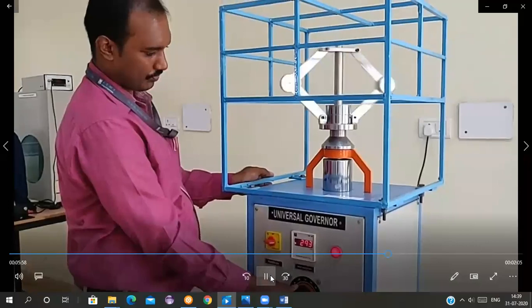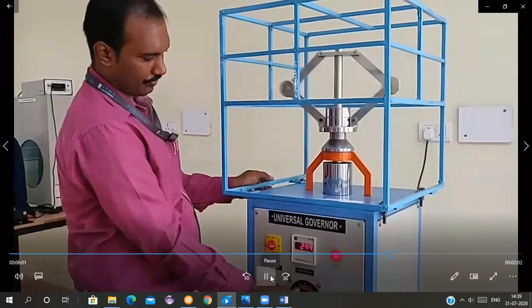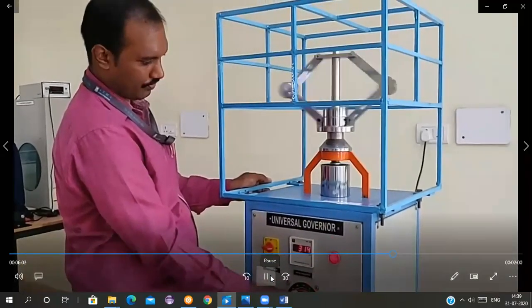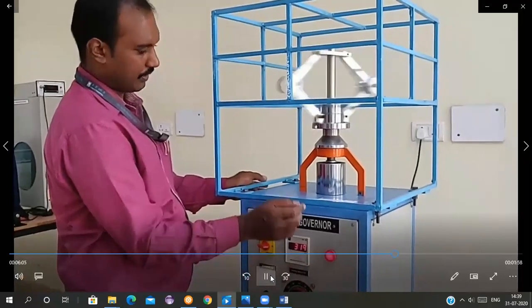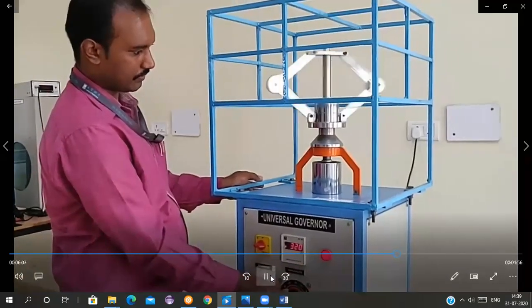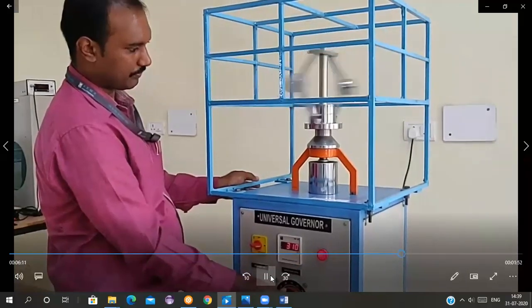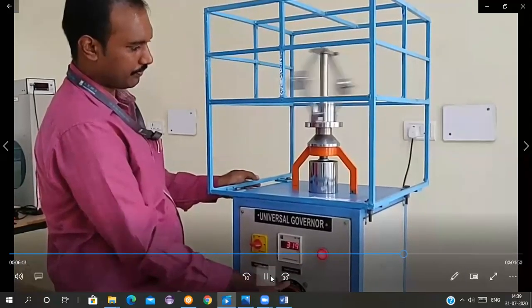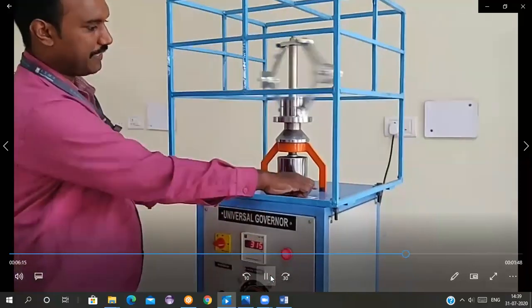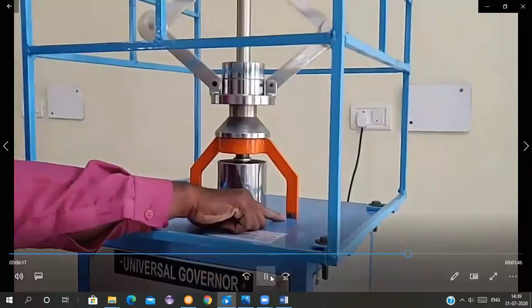As the sleeve is lifted up, the radius of rotation is increasing, and therefore you will get more centrifugal force, because of the radius of rotation and the speed.